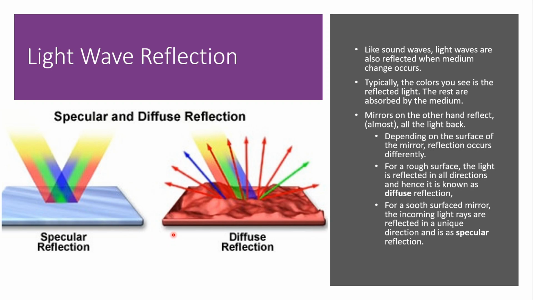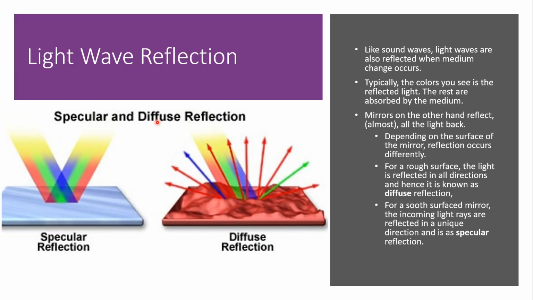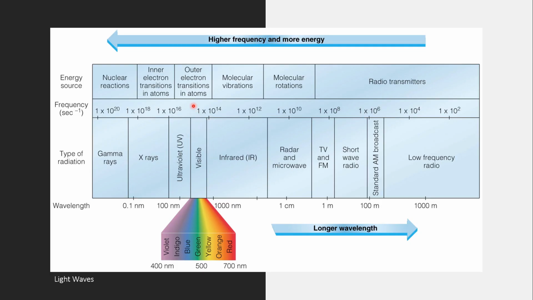When we talk about smoothness, that's more to do with the difference between the wavelength and the scale of the roughness of the surface of the mirror. That surface variation has to be much smaller than the actual wavelength of the incident light wave. So let me go back 2 more slides, and remember here, what is the wavelength?